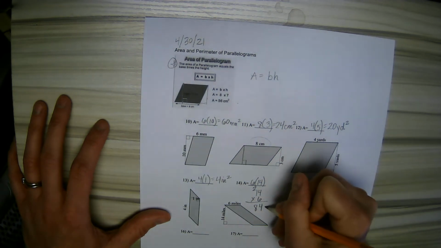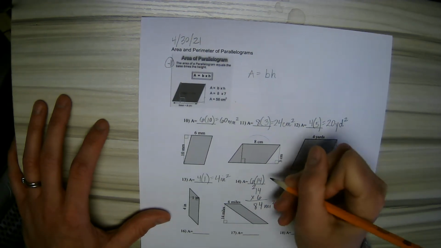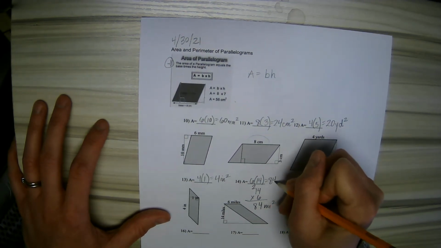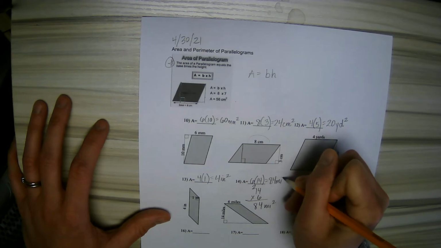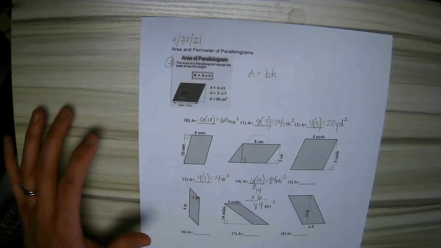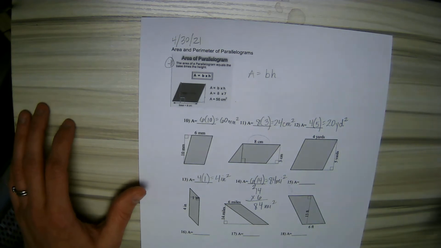And this was in miles squared. 84 square miles. It's a big area of a parallelogram.